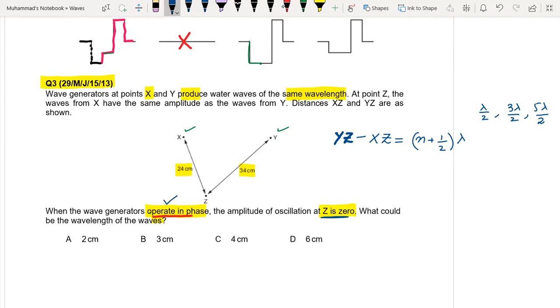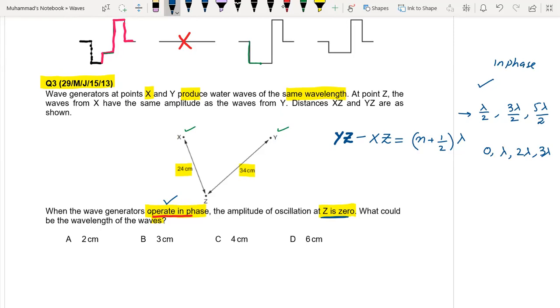But if they are operating out of phase, then this is the condition for destructive interference, and the condition for constructive interference, path difference can be 0, lambda, 2 lambda, 3 lambda, and so on. If the sources are in phase, then this is the condition for destructive interference and this is the condition for constructive interference.